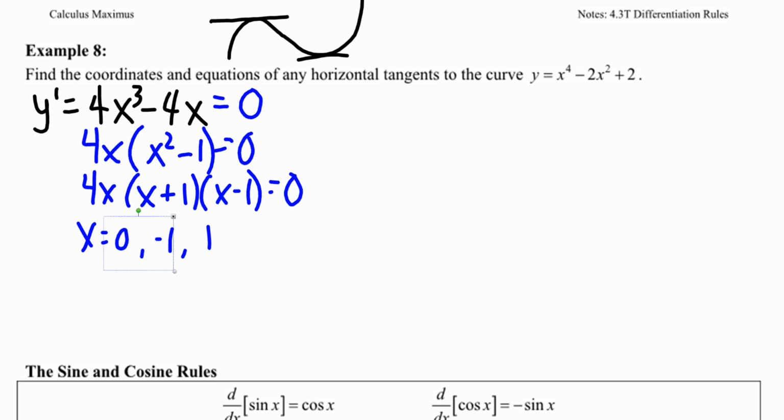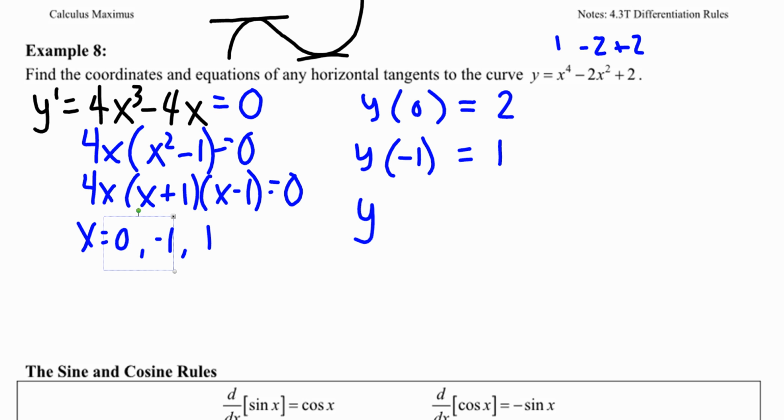So find the coordinates and the equations. If I plug in 0, that gives me 2. If I plug in negative 1, that gives me 1, minus 2 plus 2, that gives me 1. And y of 1 looks like that equals 1 as well.